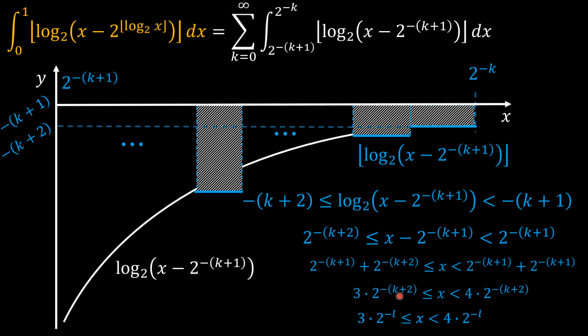If we take this to be our index L, this can be 3 times 2 to the power negative L on the lower side, and on the upper side, 4 times 2 to the power negative L. So the difference here is the same as 2 to the power negative L.